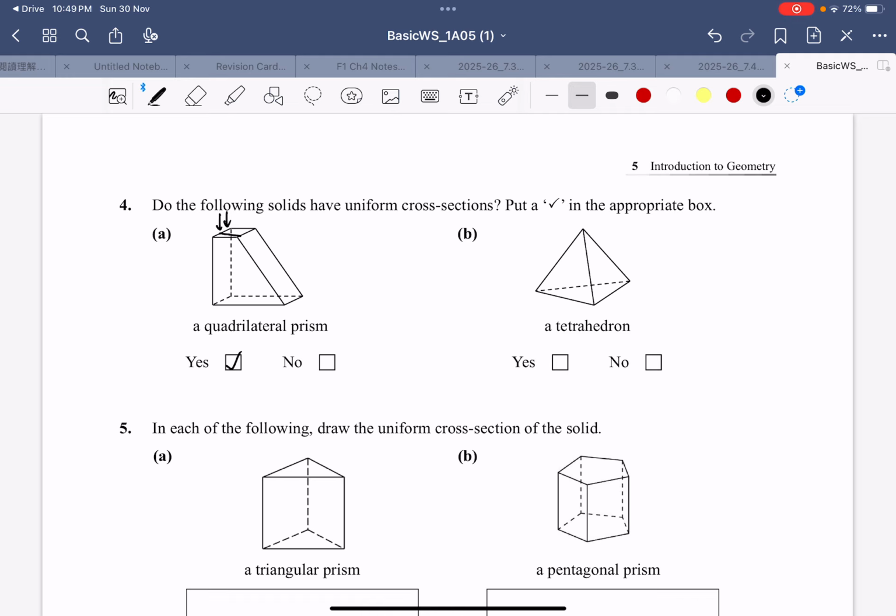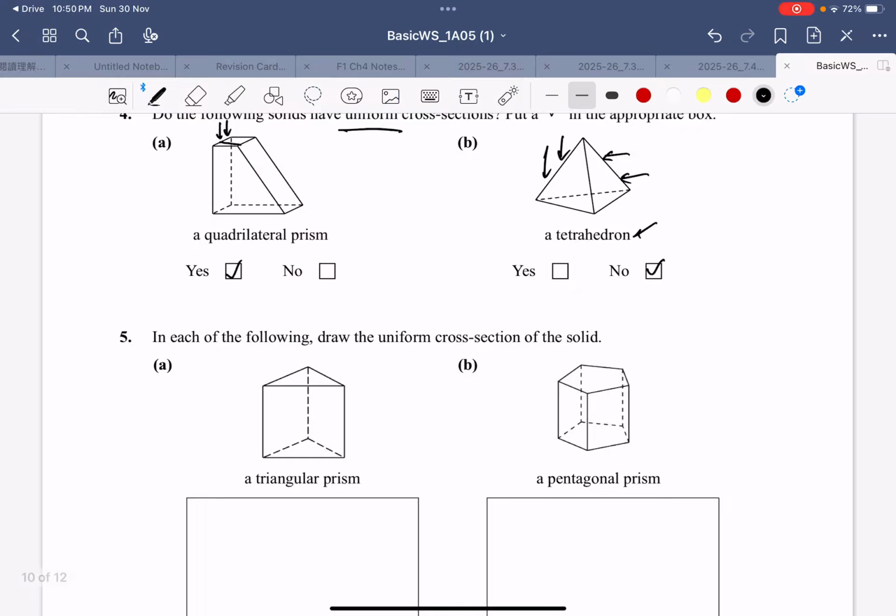If you put a knife on top, anywhere you cut parallelly, you can have uniform cross section. Uniform means the same. But if you cut the tetrahedron here, here, or here, you will have a different cross section. Even though you cut it sideways, you will have a different cross section. So no.